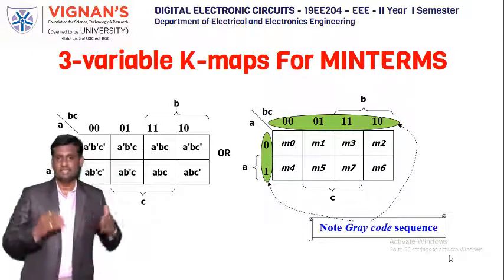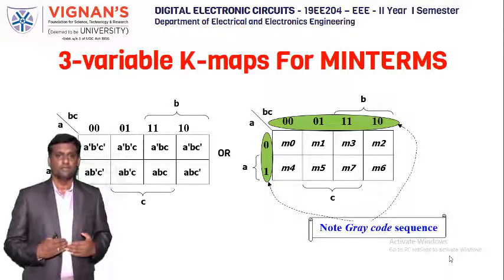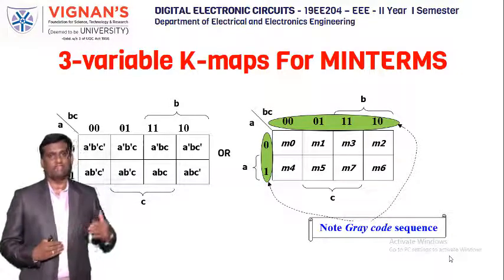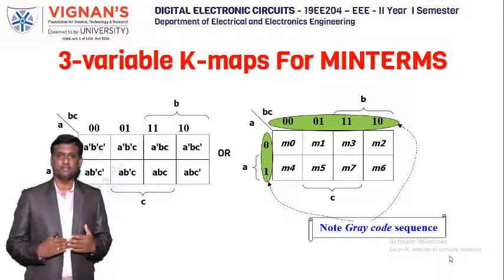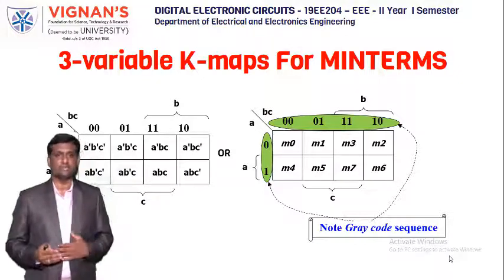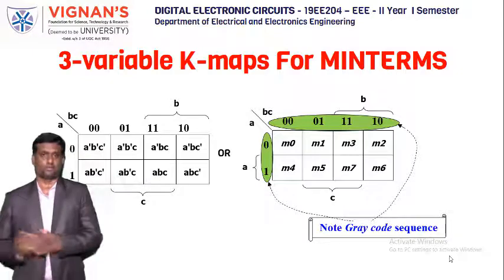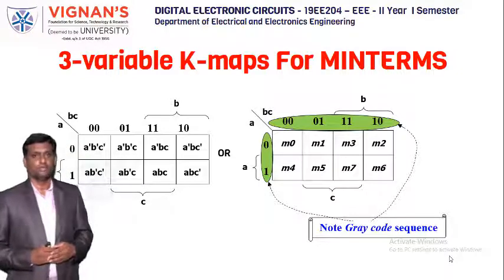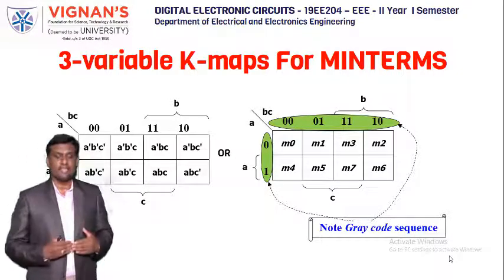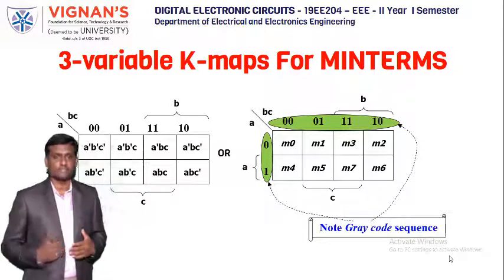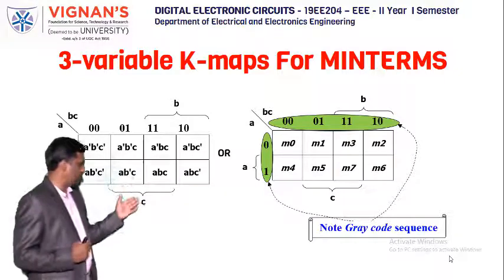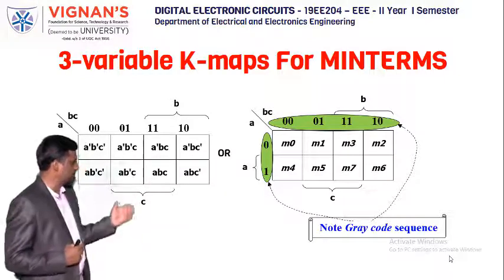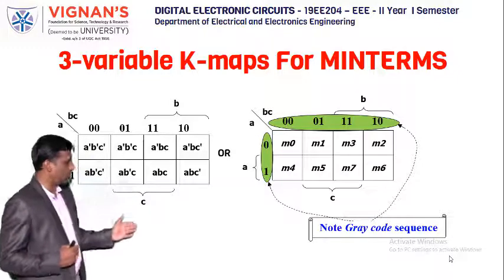That's why in this 3 variable map, one variable A is for the column representation, and the other variables B and C are used for the representation of rows. With the A variable, 2 combinations are possible. One combination is 0, another combination is 1. That's why 0 column and 1 column.